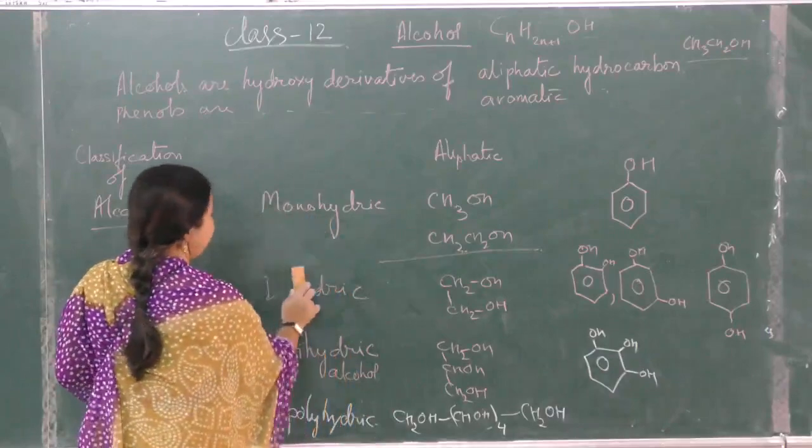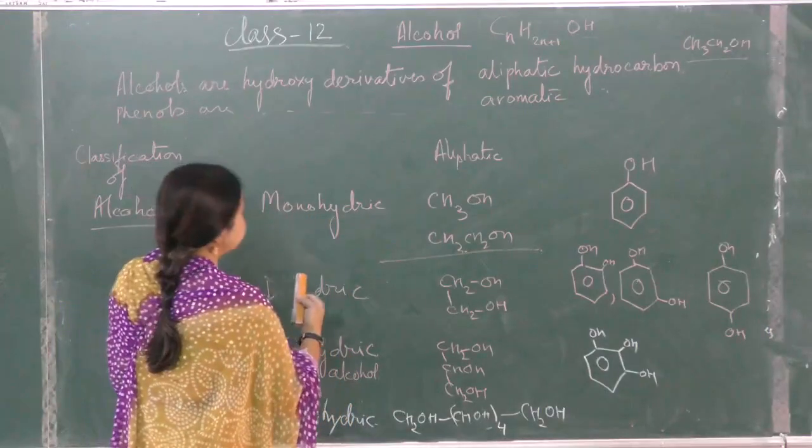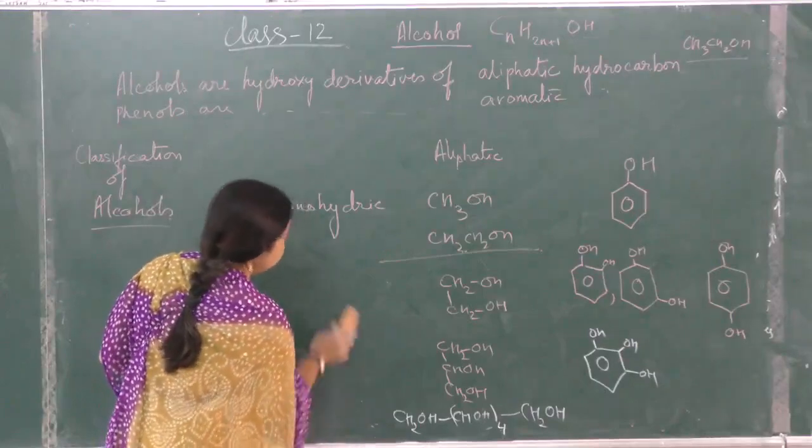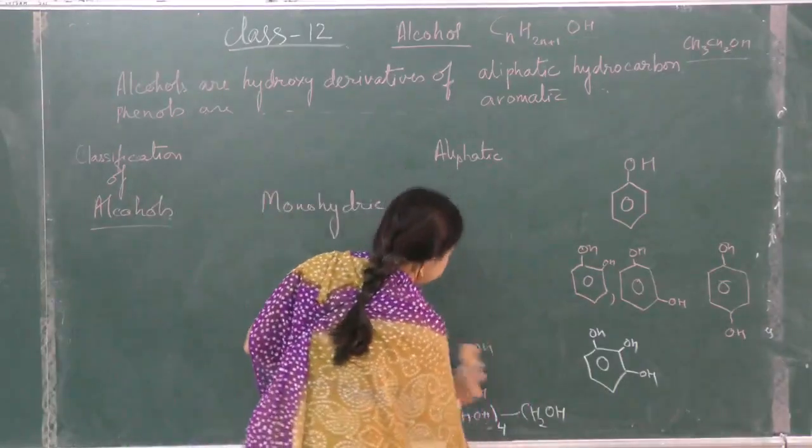Now monohydric alcohols can be further classified into primary, secondary and tertiary alcohols. Let's see that.